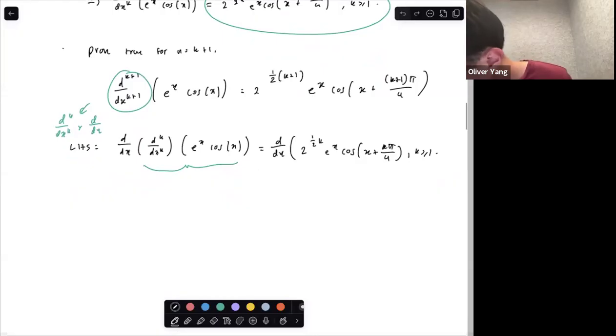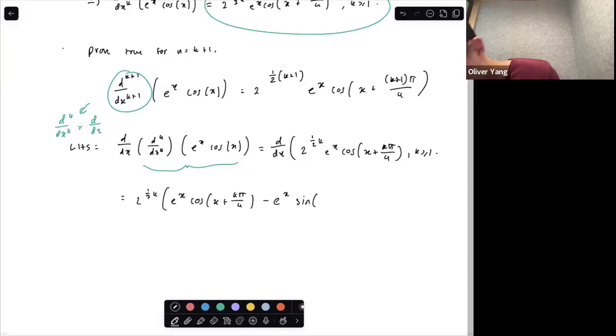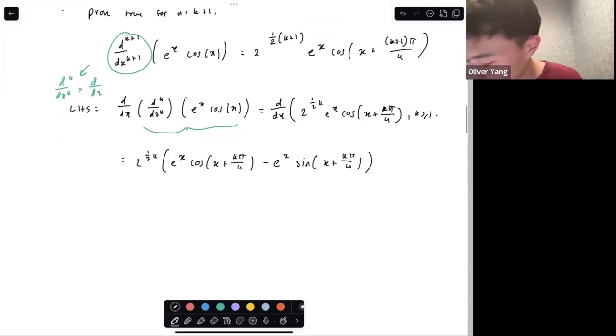The left-hand side would equal 2 to the half k, because that's a constant, and then we get e^x cos(x + kπ/4) minus e^x sin(x + kπ/4). Okay, so that's our left-hand side.